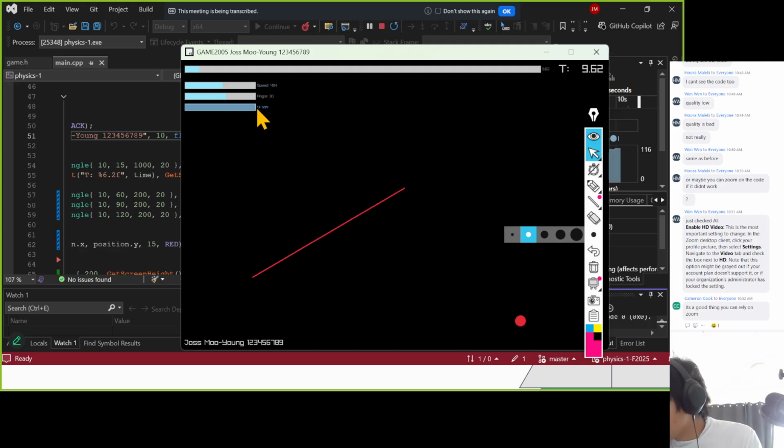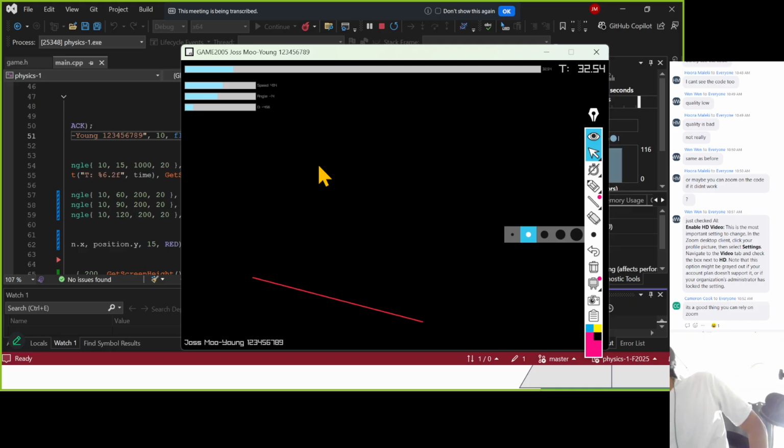So now I can make gravity more aggressive or less. Or even reverse it. So now gravity pulls things upwards instead. Cool.